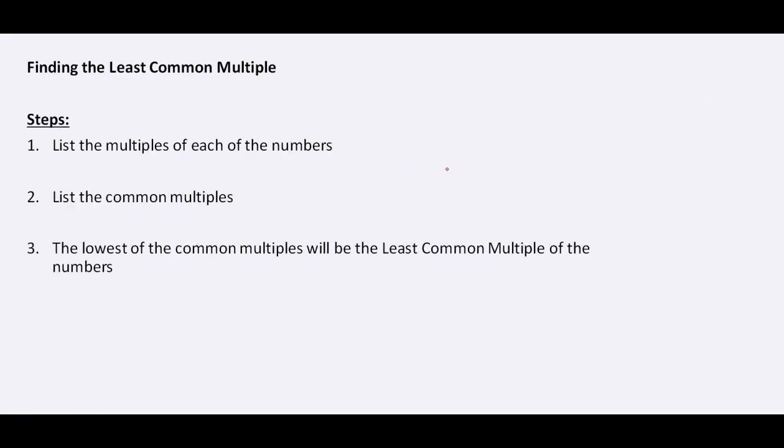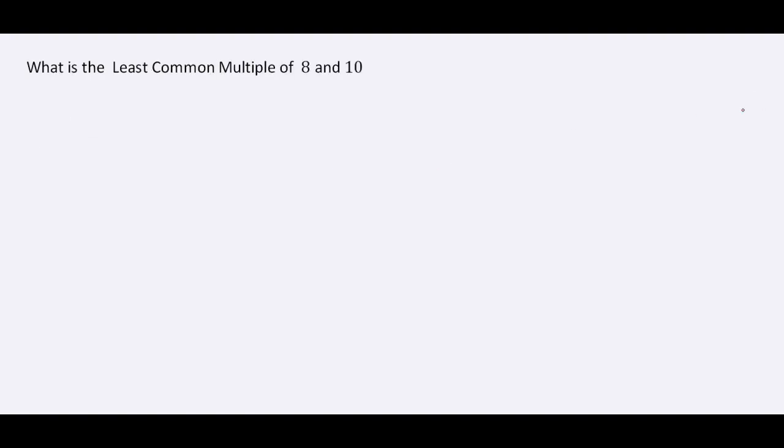So now, how do we get the least common multiple? We first list the multiples of each of the numbers, and then we see if we can get some common multiples, and from the set of common multiples that we have extracted, we want to choose the smallest of the common multiples. So let's see how we can put that into practice.